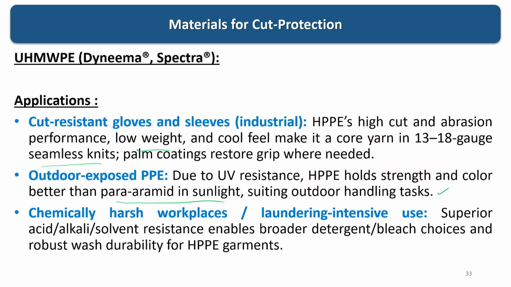It is also suitable for chemically harsh workplaces or laundering intensive use, as it is an inert material. So, we can use it in places where acid, alkali and solvents are used, as it is that resistant.